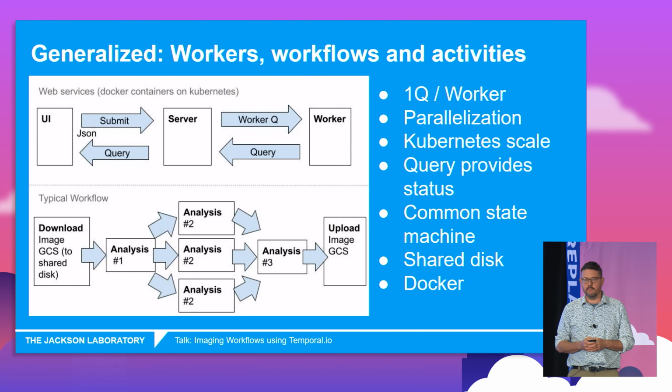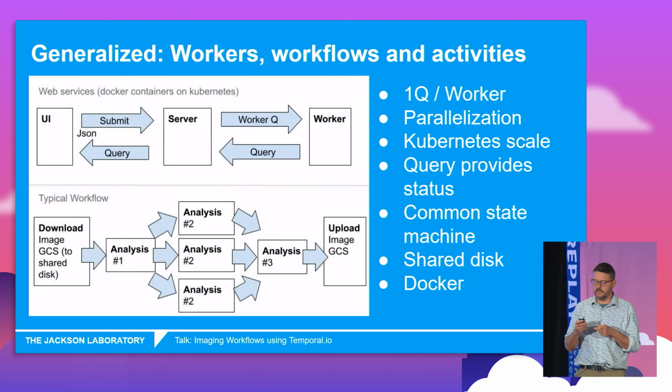In terms of an individual worker, it will basically follow something along the lines of a workflow, having an activity to download one of these image files, then some kind of analysis, probably parallel analysis involving multiple instances in Kubernetes, and then some kind of upload at the end.